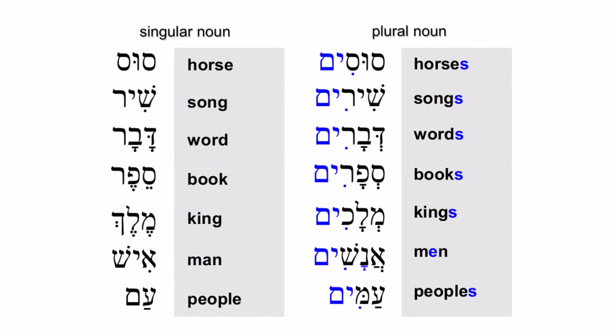Let's move on. Let's begin by looking at masculine nouns and their endings. And remember that the masculine singular forms have no special identifying ending. So let's look at the examples. You have the word sus. Sus means horse. When you make it plural, it becomes susim. Why?